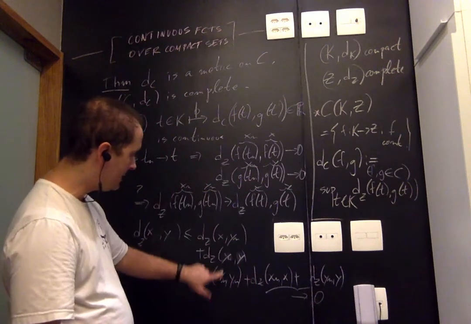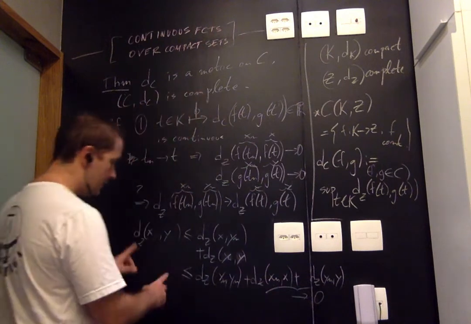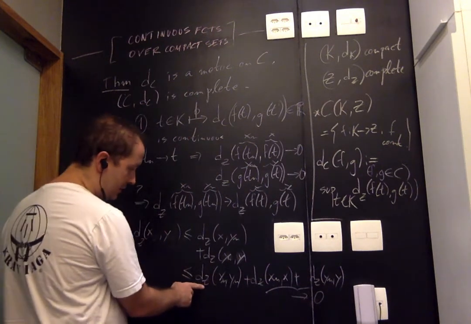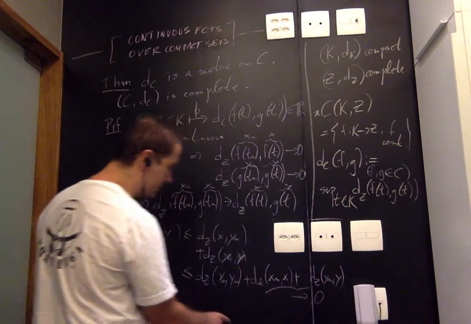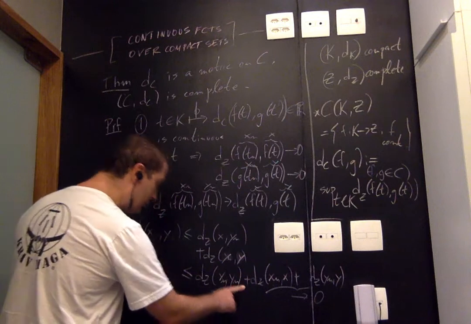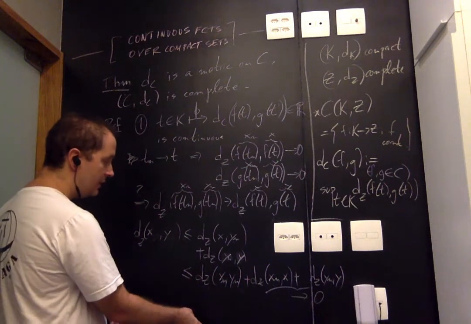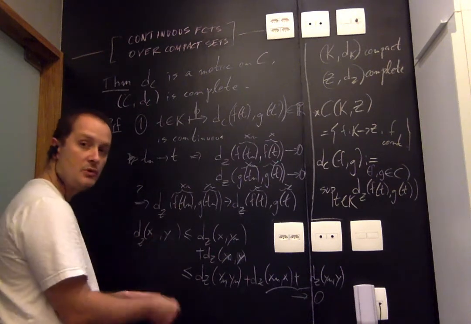So I want to replace x with x sub n. I have to pay this price, and I have this. So now I have a different inequality. The distance from x to y is bounded from above by the distance from x sub n to y sub n plus something that goes to 0. This implies that the lim inf of this is greater than this. So the lim inf is at least this thing, the lim sup is at most this thing. Lim sup and lim inf are equal.